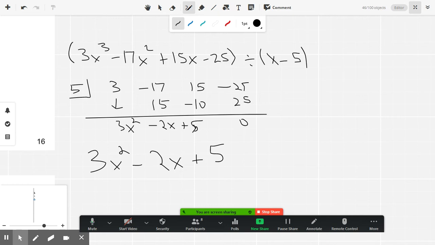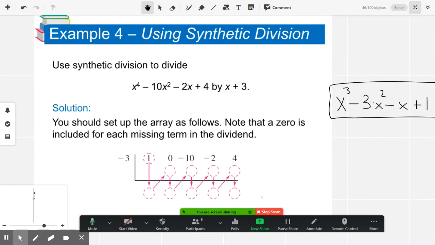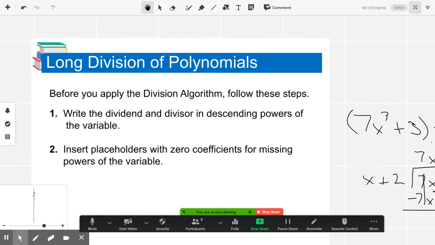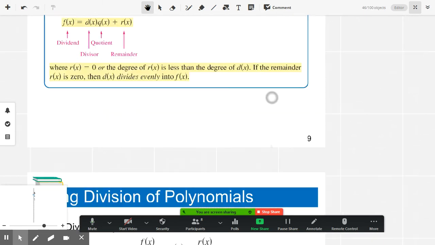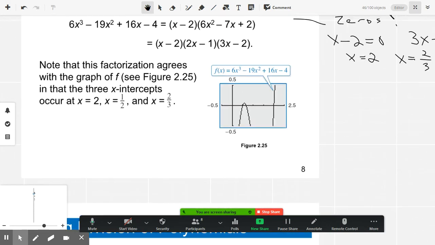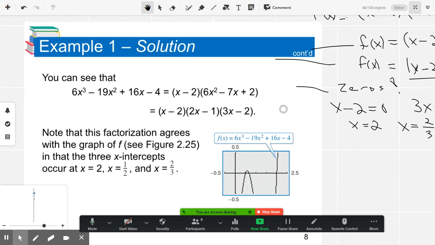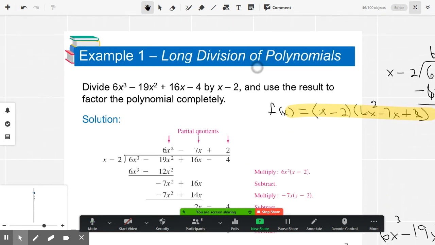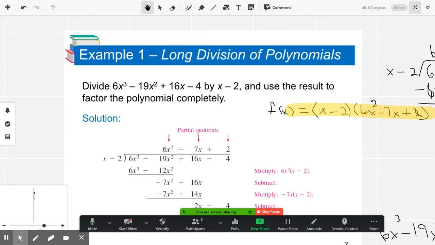Okay, so just to go back up and let's just review everything we've done so far, because you're going to have a problem like this from the start on your assignment. So we started with this polynomial 6x cubed minus 19x squared plus 16x minus 4. On your assignment, they're going to tell you that there is one factor they know of. You're given a polynomial, and they tell you this is a factor.